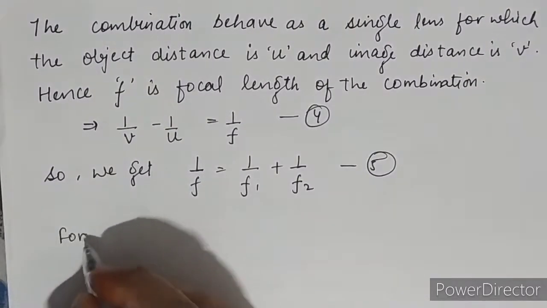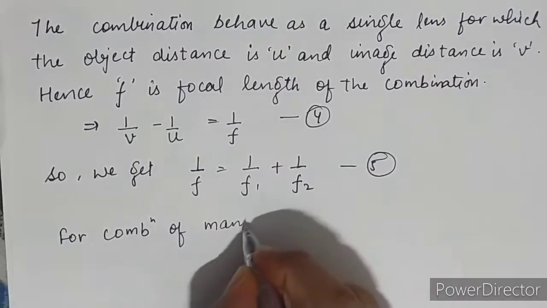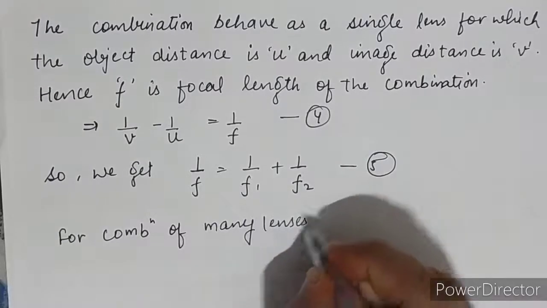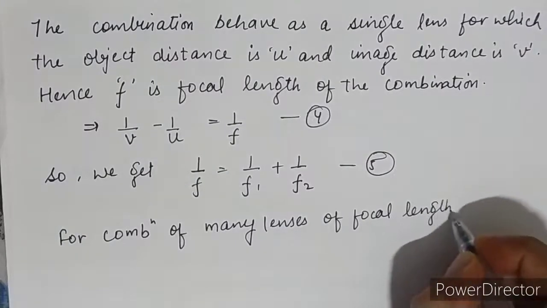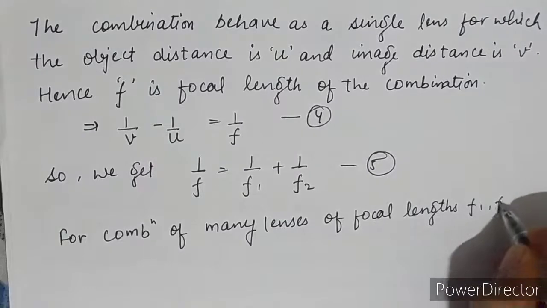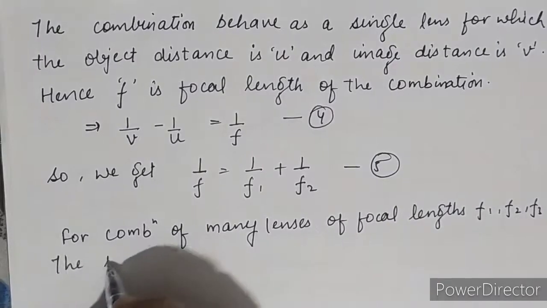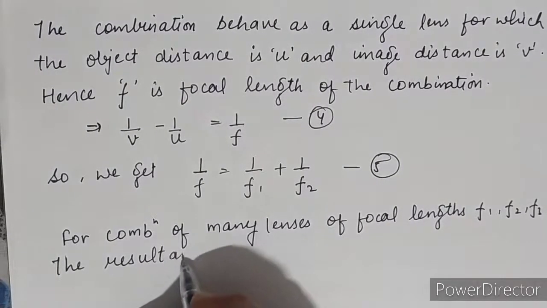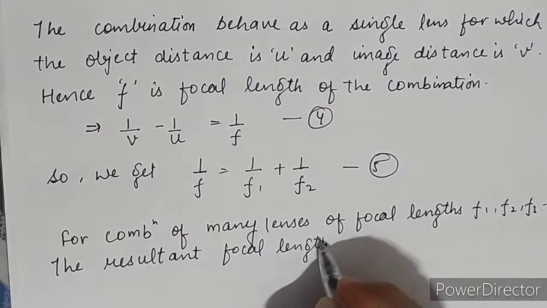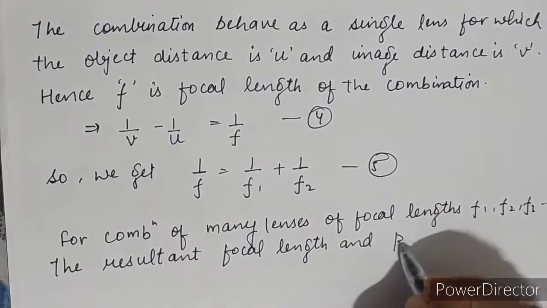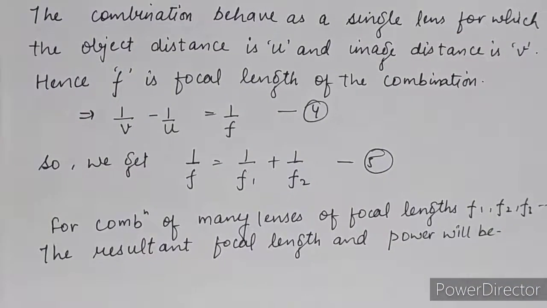For a combination of many lenses of focal lengths f1, f2, f3 and many more, what will be the resultant focal length and power, beta?